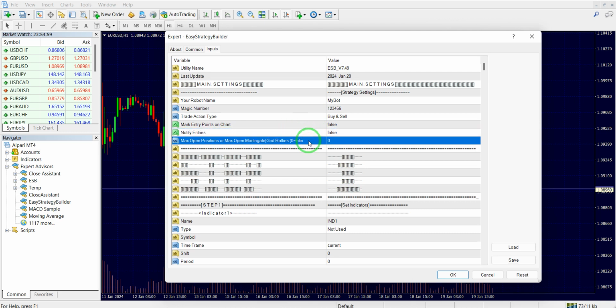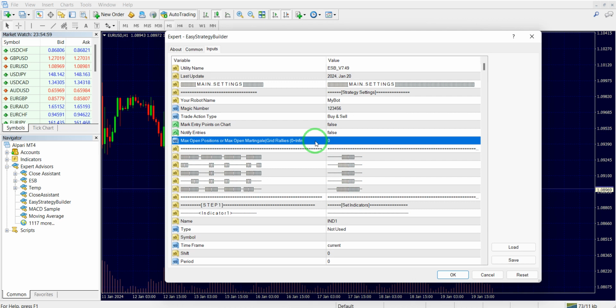And maximum open positions means how many positions the Easiest Strategy Builder is allowed to enter. If you put it on 0, that means unlimited. Anytime buy or sell signals come in, it can open a trade.